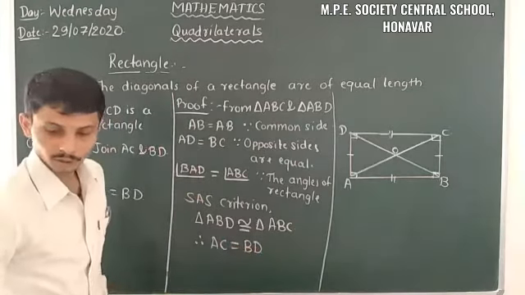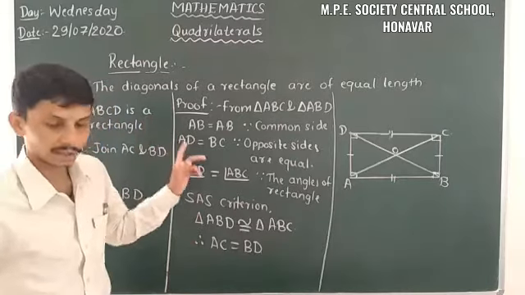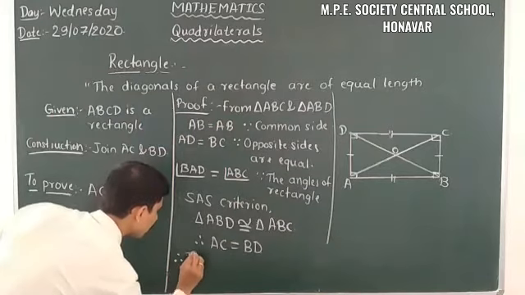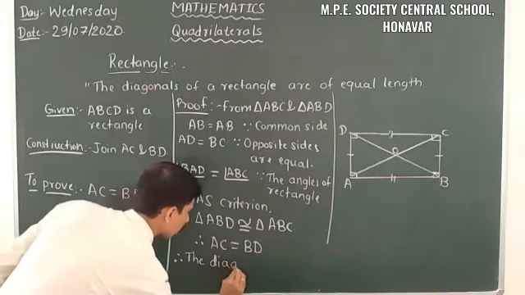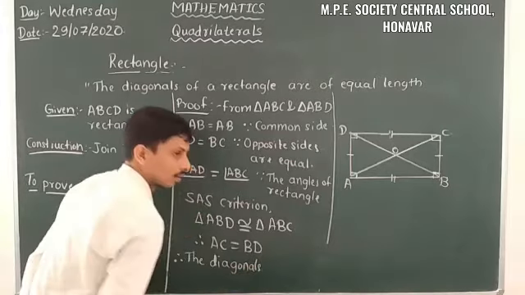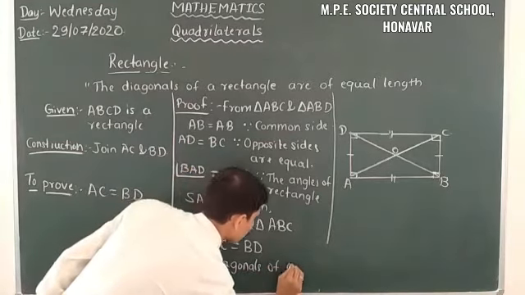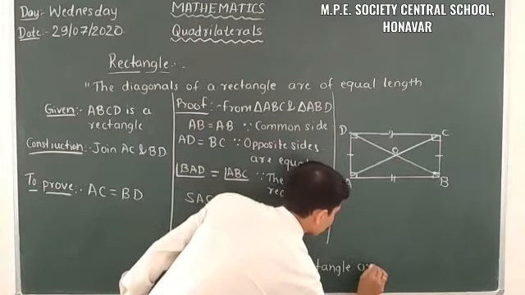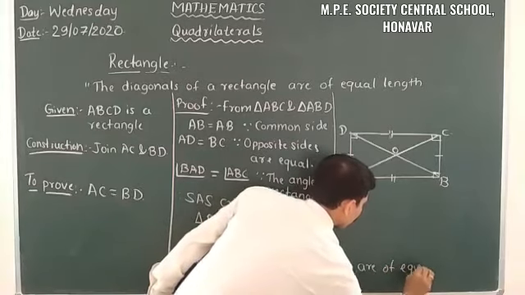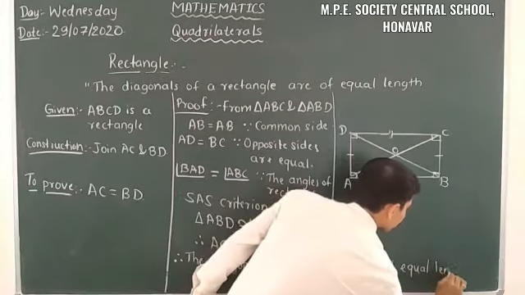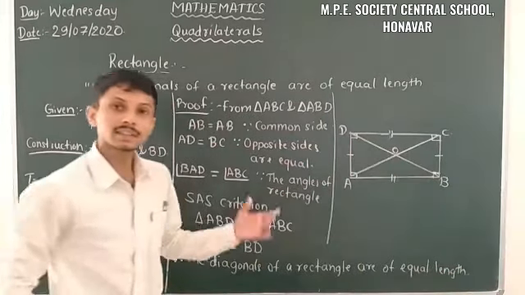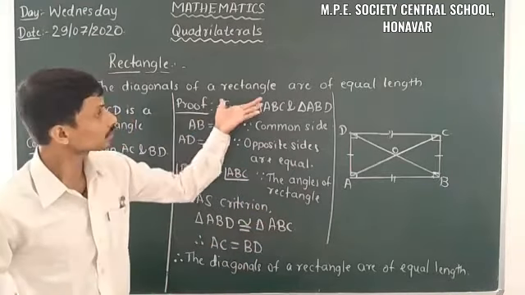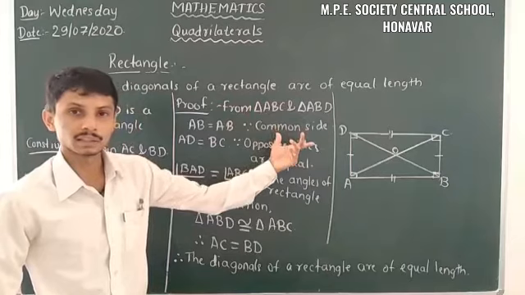So we come to the conclusion that the diagonals of a rectangle are of equal length. So this is about a rectangle, and we already proved that the diagonals of a rectangle are of equal length.